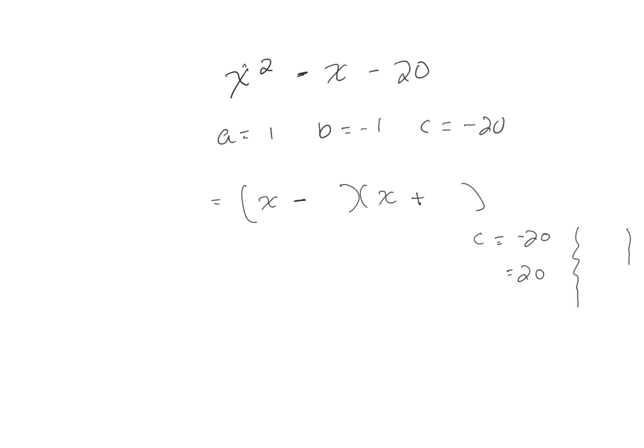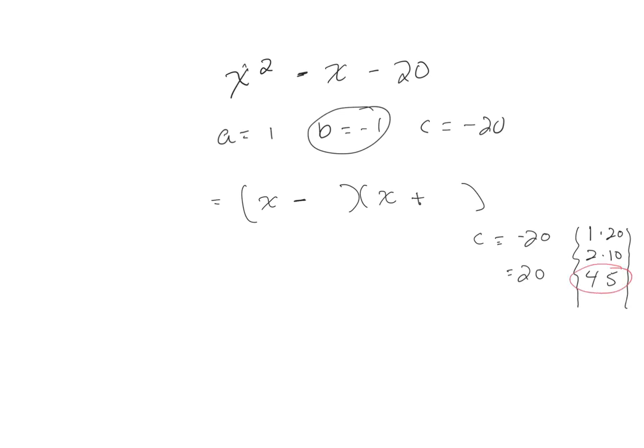and I'm going to list the factors of 20. I'm going to have 1 and 20, 2 and 10, 4 and 5. What has a difference of 1? b is -1, and the absolute value is 1, so you can just think of b as 1. 4 and 5.